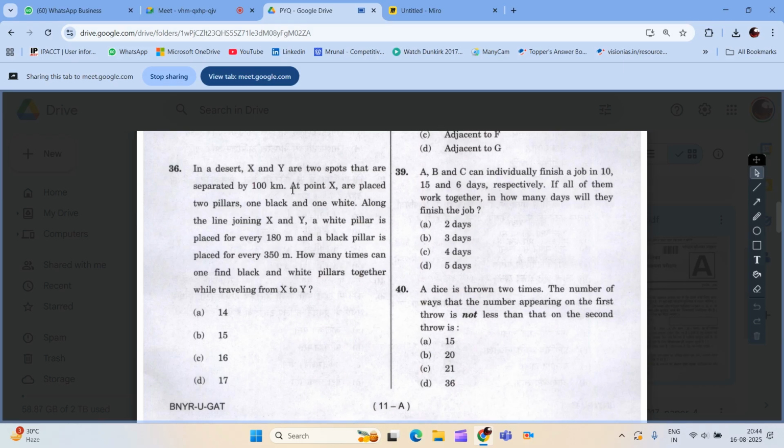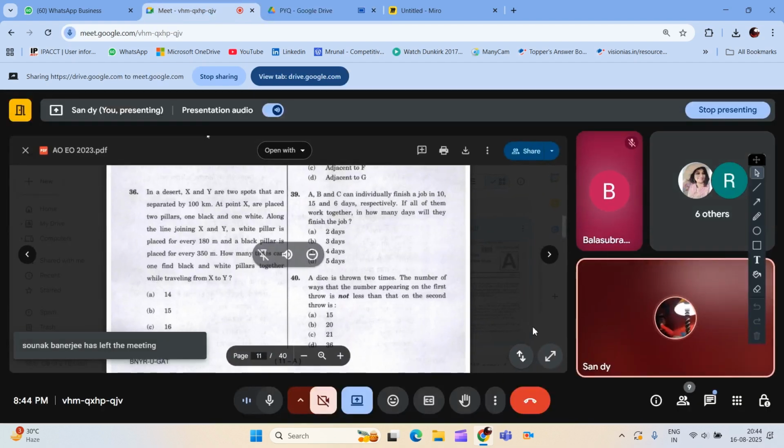If you do the LCM, you will get the answer. Analyzing the previous year question papers, you come to know that the AOEO maths was quite easy in nature, but the APFC maths was quite moderate in nature. Got it?